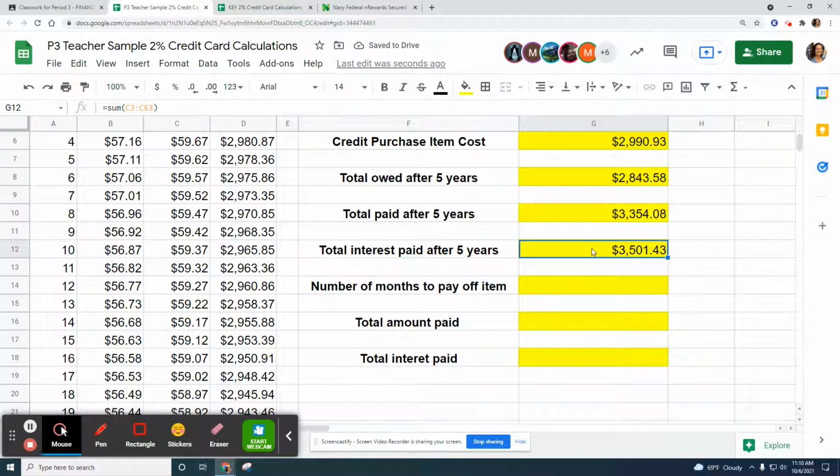Okay? Parentheses. B, hang on. Okay, yeah, B3 to B62. Colon. Parentheses. Now you've got my key attached already.